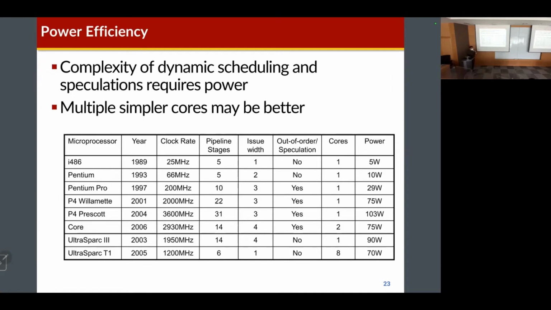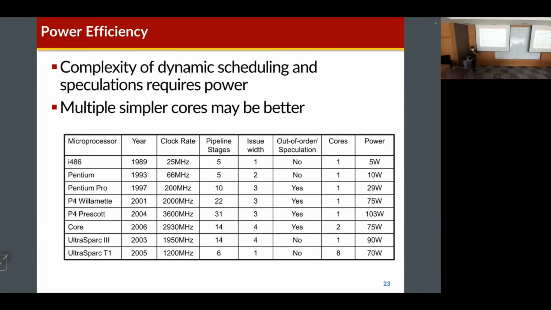How about the Pentium Pro? It was introduced in 1997. The pipeline stages are 10, and the issue width is just 3. Out-of-order processing and speculation are supported. So in 1997, the architecture of this processor was already different from the simple pipeline processor we learned in this course.